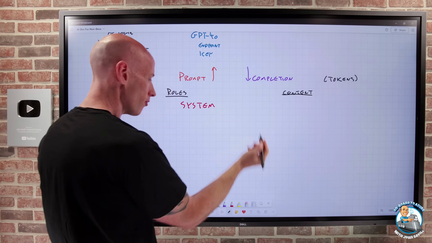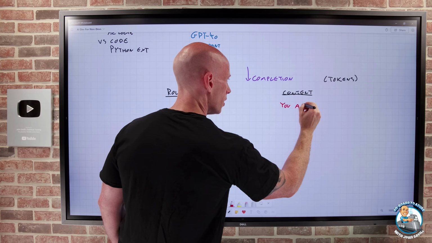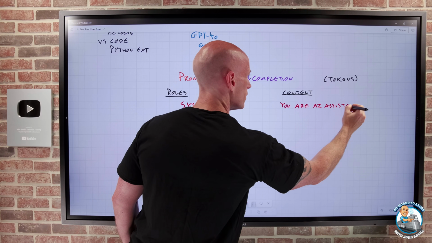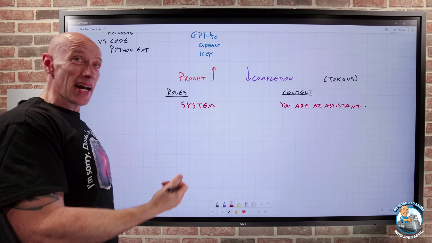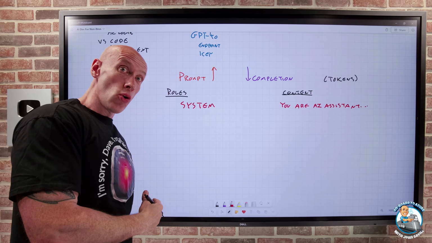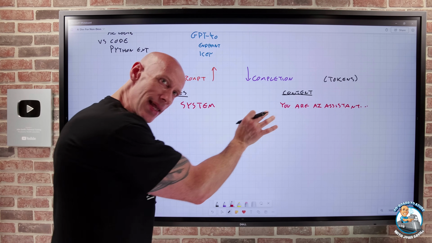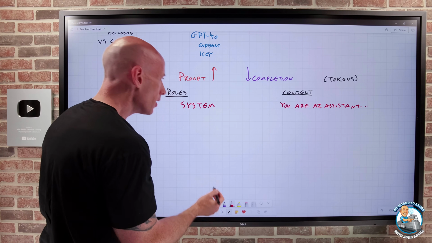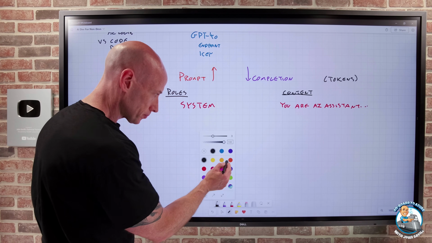For example, I say, hey, you are an AI assistant. You might set rules. You might set how it should behave if it doesn't know something. You might say, hey, you like to give jokes. You like to use emojis. This is guiding how it's going to act. That's the key point.